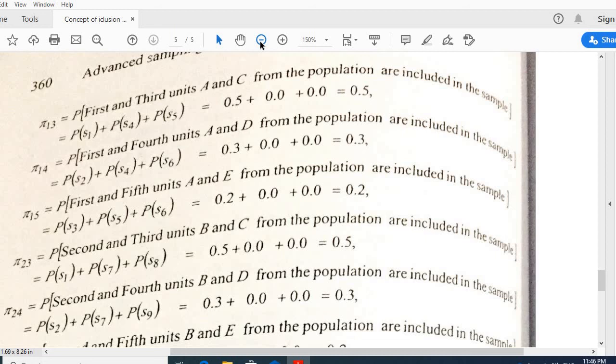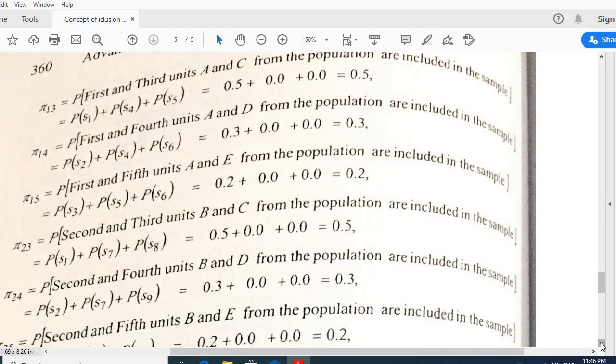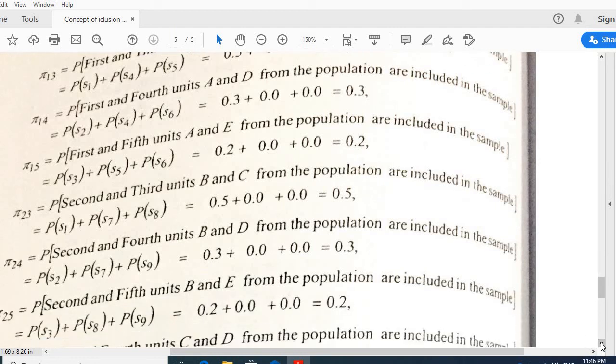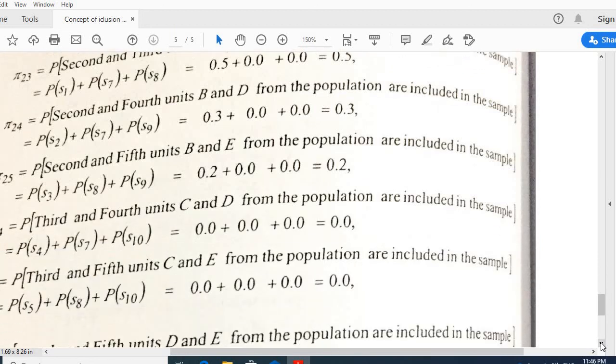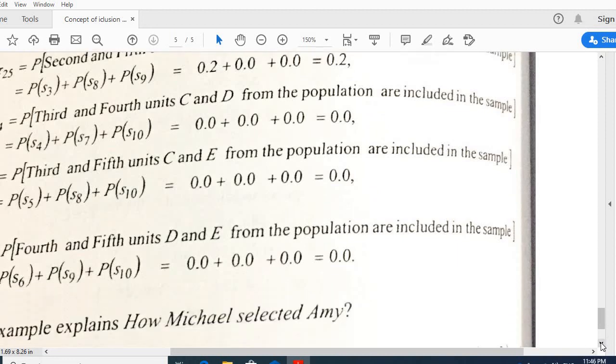That is the inclusion probability of the first and third units. Similarly, we can find the inclusion probabilities of the first and fourth, first and fifth, second and fourth units. We have calculated them here.